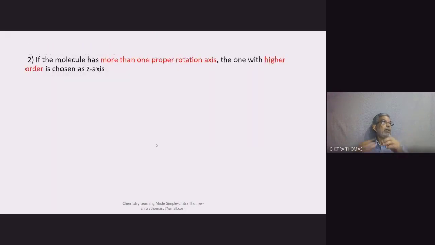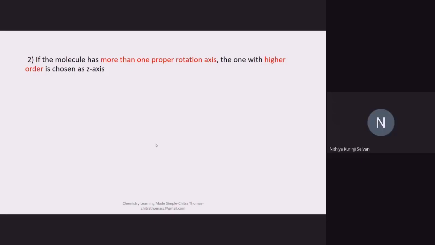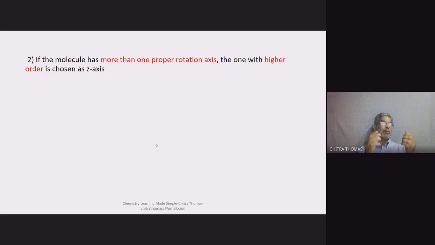Then if the molecule has more than one proper rotation axis, the one with the higher order is chosen as the Z axis. Can you think of an example? I have given several examples: BF3, PtCl4 2 minus, benzene. And I can choose any of these examples. But can you guess which example I might have taken?